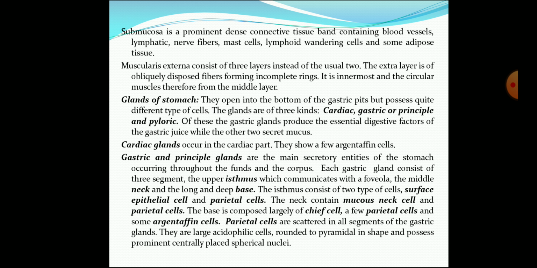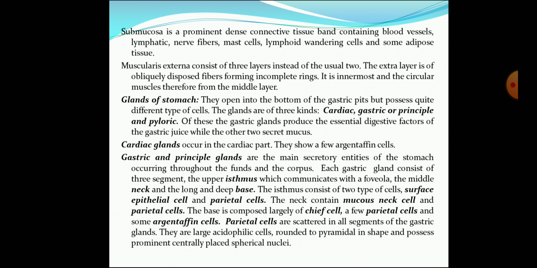Of these, the gastric glands produce essential digestive factors of the gastric juice, while the other two secrete mucus. The cardiac glands occur in the cardiac part and are identical to the esophageal cardiac glands. They show a few argentaffin cells among the mucus cells.